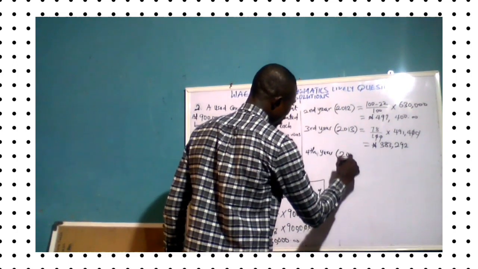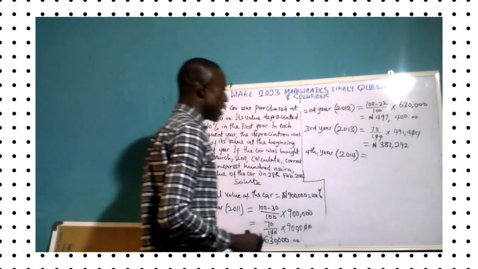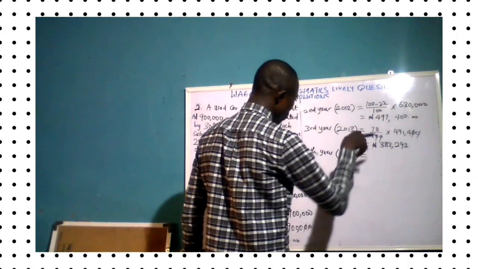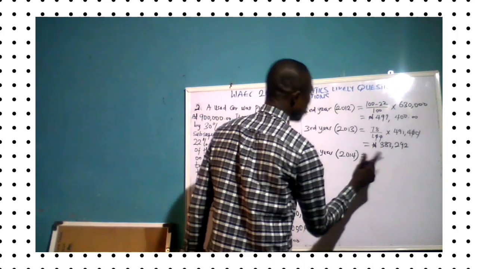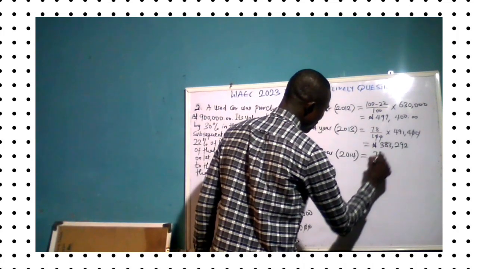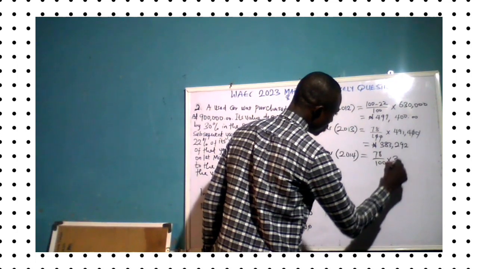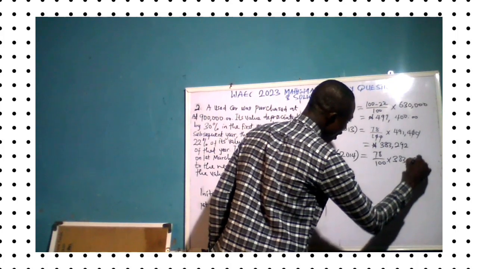At the fourth year, that's year 2014, the value has also depreciated by another 22% of its previous value. This value now is referred to as the previous value here. So you have 78 over 100 multiplied by the previous value, which is 383,292.